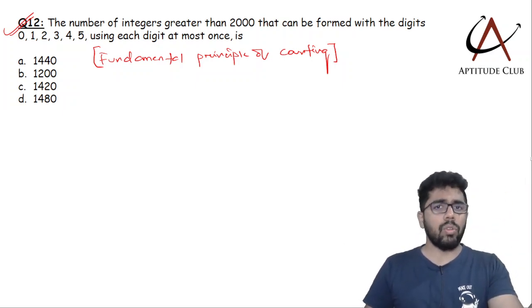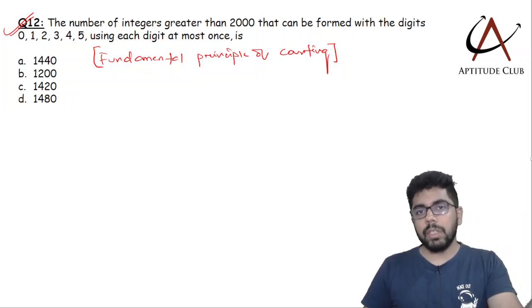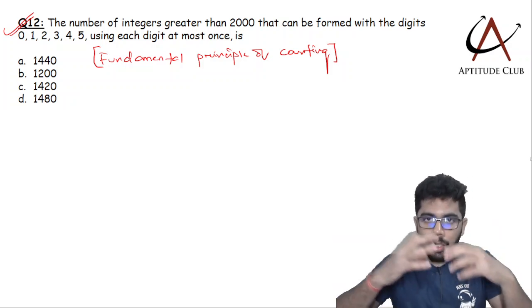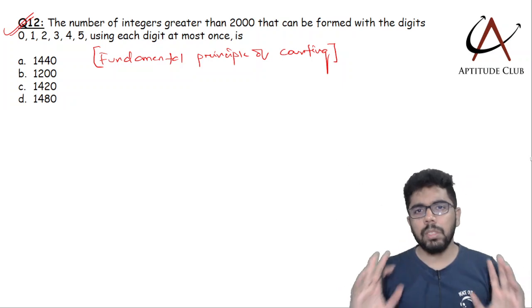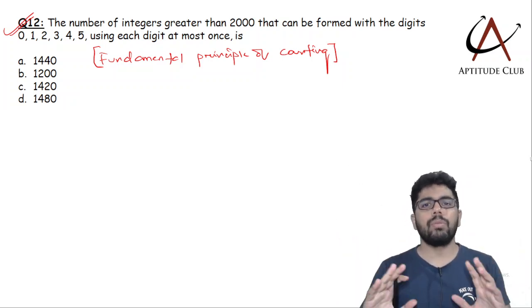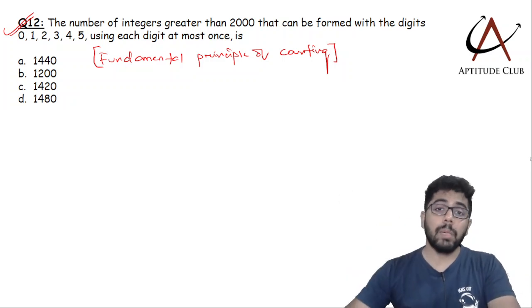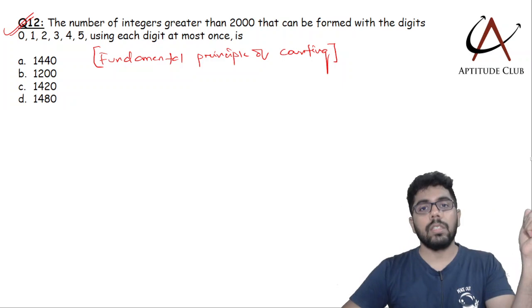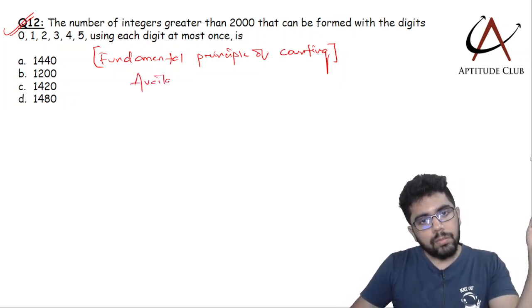If someone has solved all chapters, I'm not saying has become an expert in every chapter, but if you have solved all chapters, covered the grounds in every chapter, you are aware of all the concepts that are there to know in every chapter, then you will find it extremely easy to solve at least 12 to 14 questions in the exam across all slots. But if you have skipped chapters beforehand and then gone for attempting the test, you can find it a little challenging.